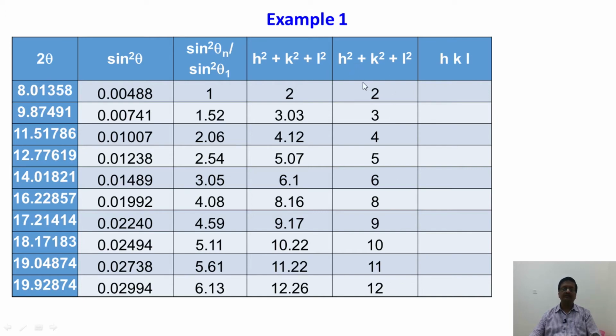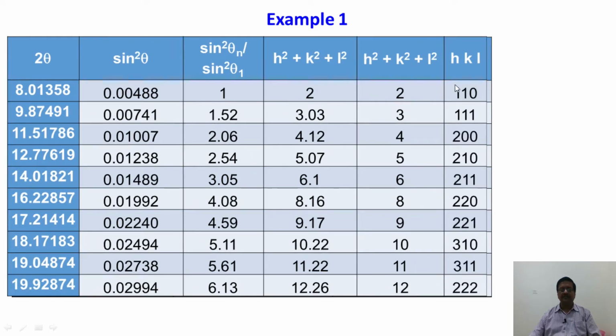So now we need to guess what could be the values of h, k and l. When it is h square plus k square plus l square equal to 2, the only possibility is 110 or 101 or 011. That means 2 of them are 1 and the last one is 0.